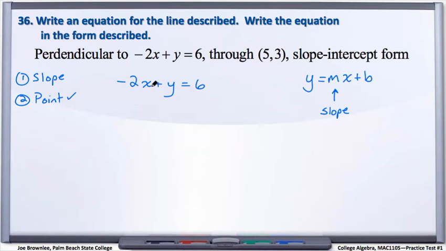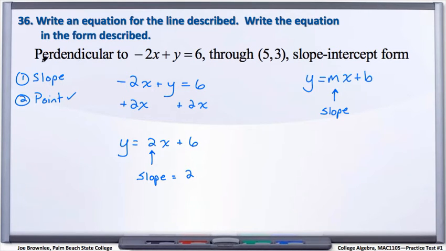So if we want y all by itself, all we have to do is quickly add 2x to both sides, and that'll leave us with y equals positive 2x plus 6. And now the given equation is in y equals mx plus b. We can clearly identify that the slope of the given line is positive 2.